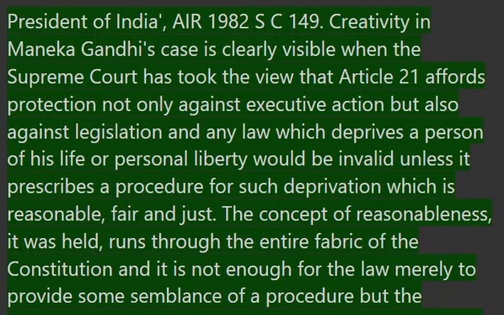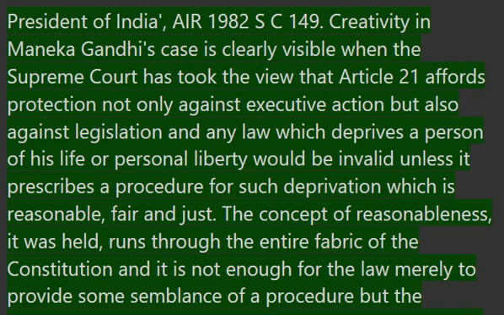Creativity in Maneka Gandhi's case is clearly visible when the Supreme Court took the view that Article 21 affords protection not only against executive action but also against legislation, and any law which deprives a person of his life or personal liberty would be invalid unless it prescribes a procedure for such deprivation which is reasonable, fair and just.